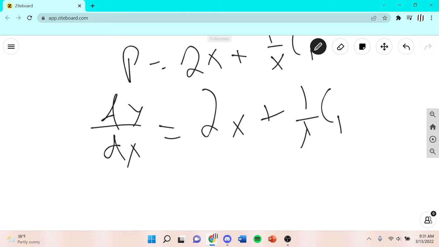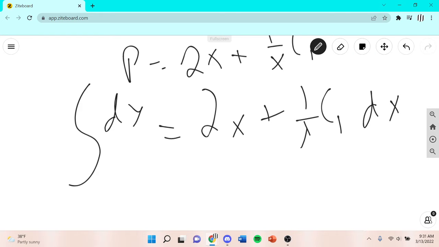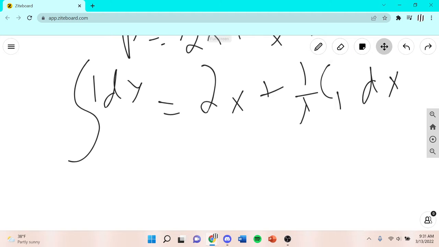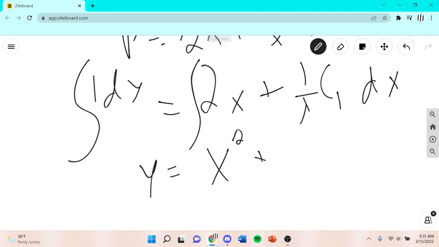We can times dx on both sides, so this just cancels out here. We can take the integral of both sides, so the left side will just become y. On this side, the integral of 2x is x squared. The integral of this is c1 times ln of x, and you have to add another c, and that's c2.